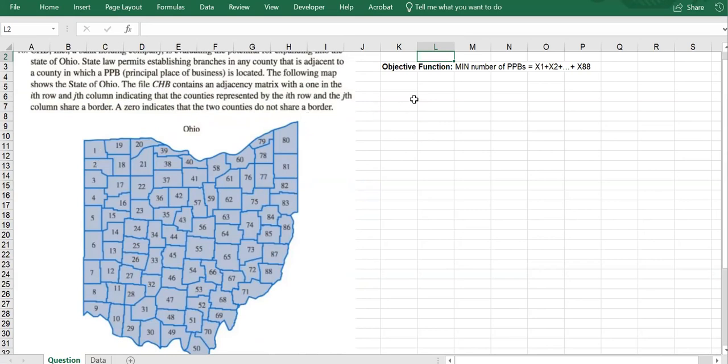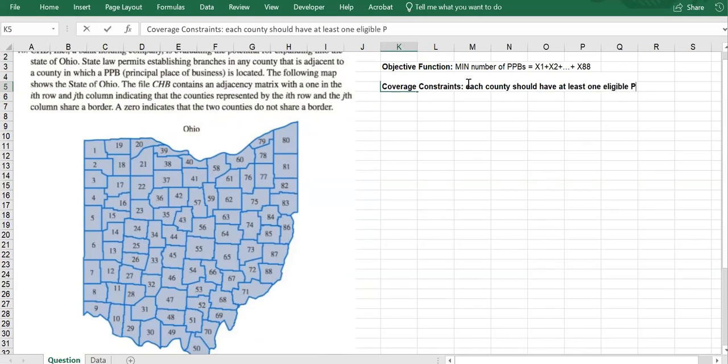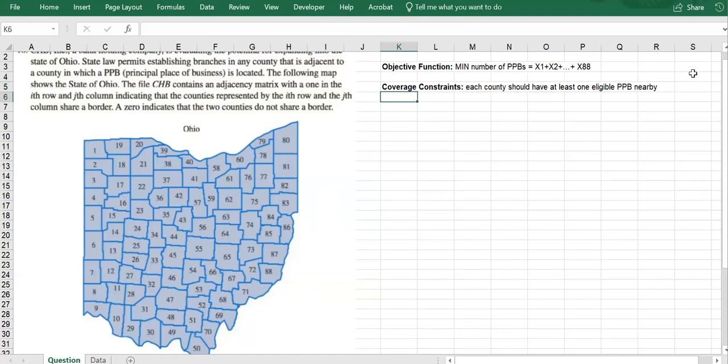So, subject to the coverage constraints, which means each county should have at least one eligible PPB nearby. In order to be able to cover each county, there should be at least one PPB nearby.